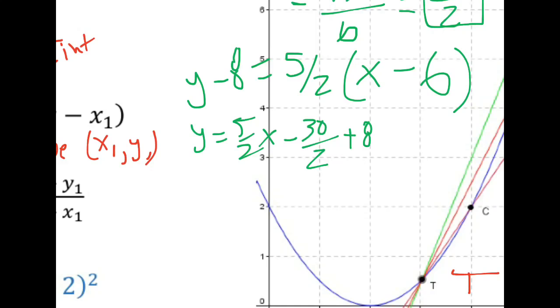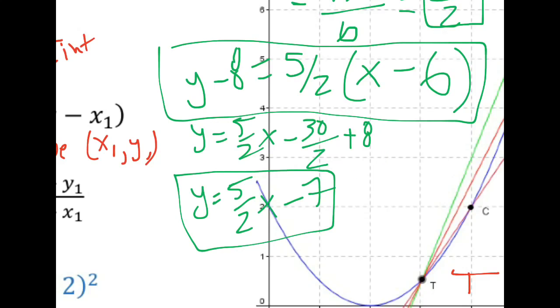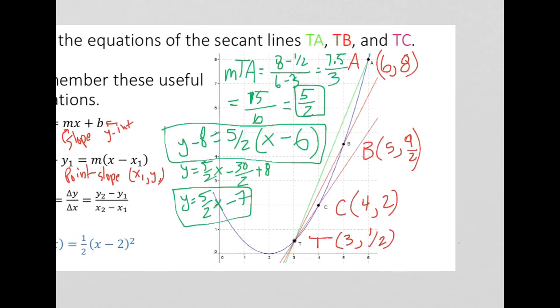Well, 30/2 is 15, so I have minus 15 plus 8. So I get y = 5/2 x - 7. So it's good to definitely know how to get between forms. But if you are able to use point-slope form, then you should use point-slope form because it's so easy. So that's the equation of the line, and that is TA.